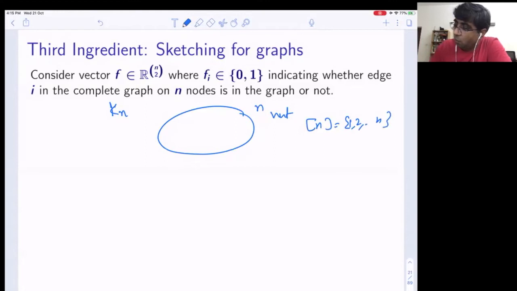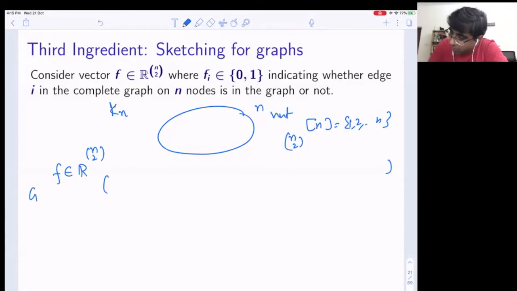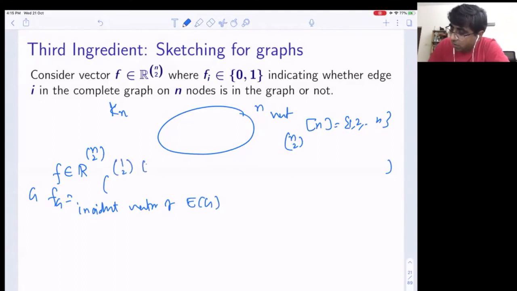So one way to define a graph is a vector of dimension n choose 2. Given a graph G, Fg is basically the incidence vector of edges of G, because it will be like the edge 1,2, the edge 1,3, the edge 1,4, and so on, up to the edge n minus 1, n. For the complete graph, this is all 1s.